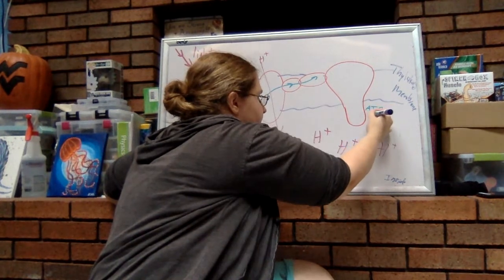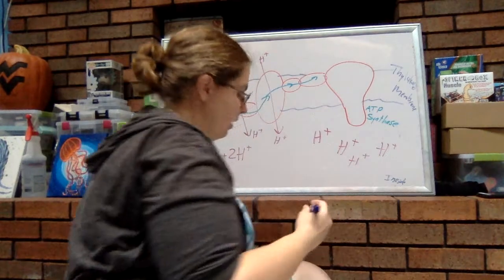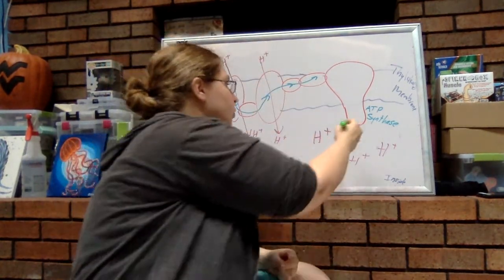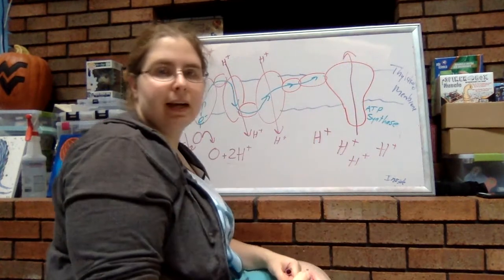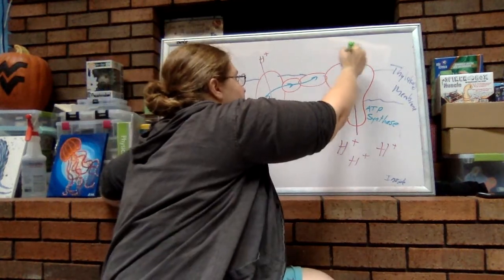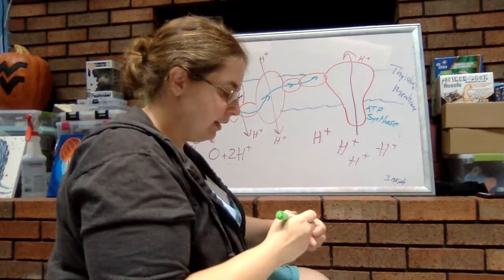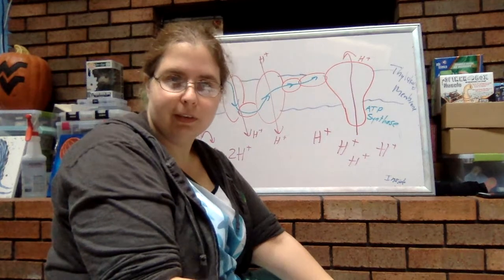ATP synthase. And what it does is it actually pulls the hydrogen ions through it and back out to the outside of the thylakoids. Now, once it does that, it's like if you've ever seen a water wheel.